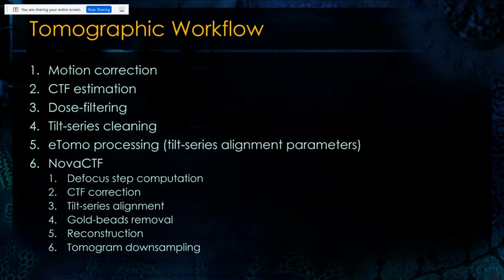So we typically work with 2 times, 4 times, and 8 times downsampled data for subtomogram averaging, and then we go for subtomogram averaging, always only on the 3D CTF corrected tomogram. So we never use the tomograms that we reconstruct in e-tomo for visual checks or for any computational processing. We always go with the 3D CTF corrected ones.